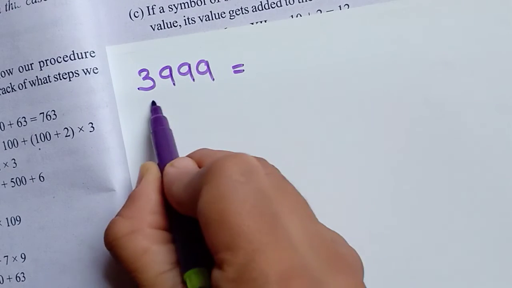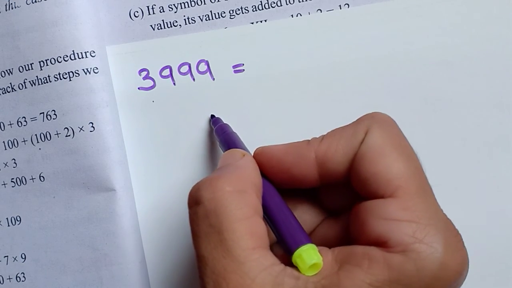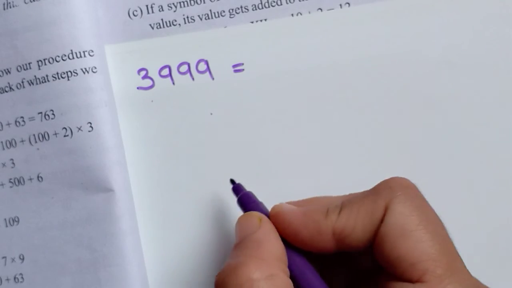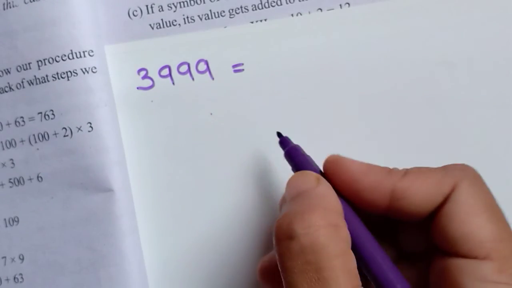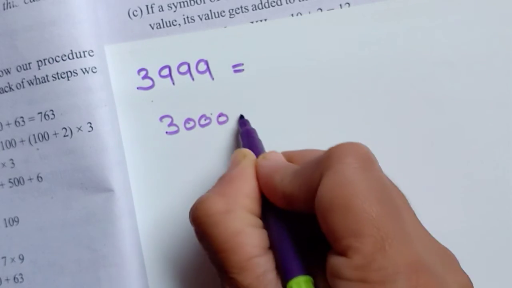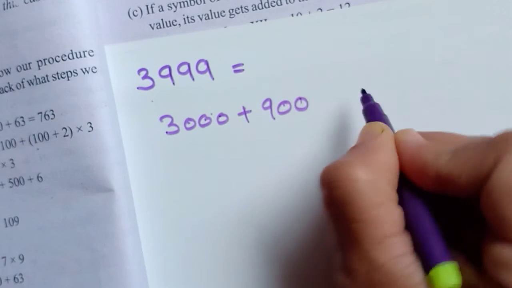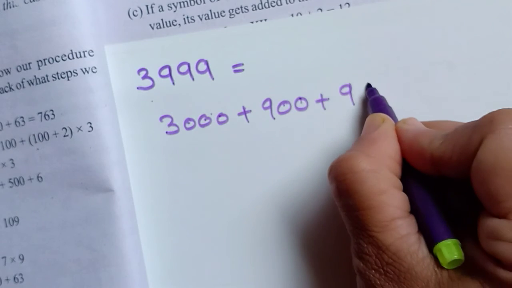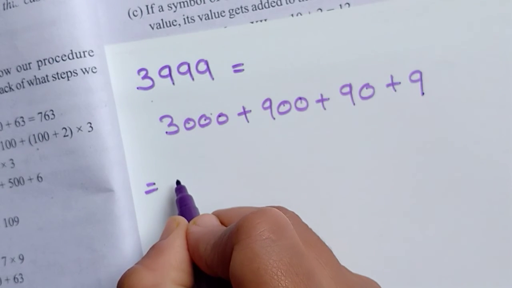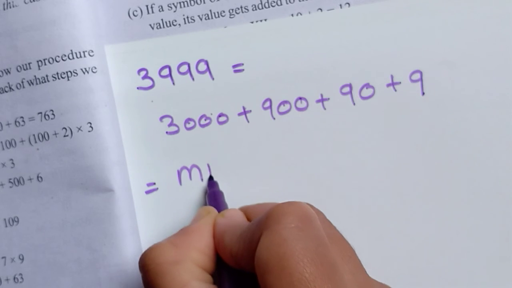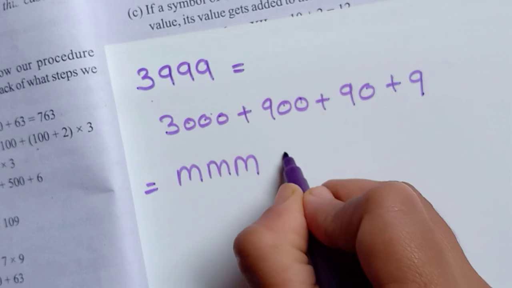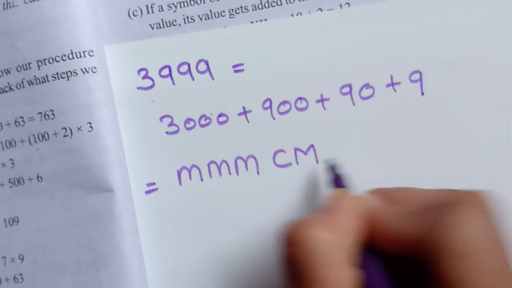Let's see some more examples. I have written 3,999, which is the last Roman number. You cannot write any Roman number after this. Now let's expand. It is 3,999. So for 3,000, we have triple M. For 900, we have CM.